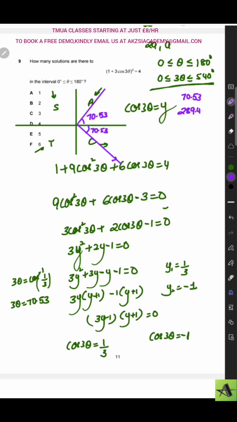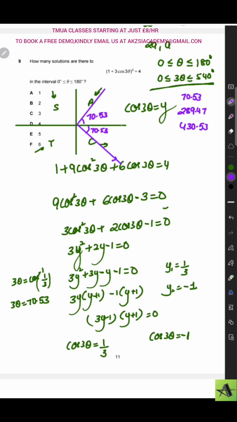289.47. These two are the fixed ones that I'll get. But the next is after 360. I have completed this, and then again I'll start moving the second round. That means 360 plus 70.53, which is 430.53.